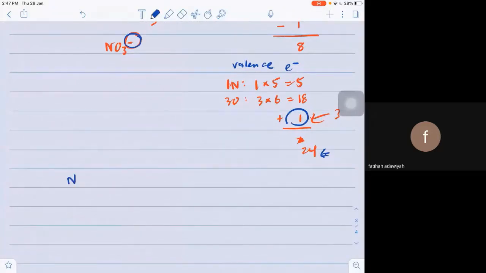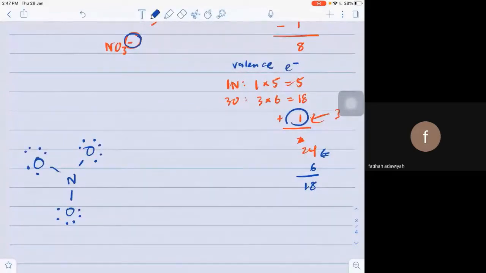Nitrogen will be central with 3 terminal oxygens. We have formed 3 bonds, so we have used 6 electrons in bonding. Minus 6, we have another 18 electrons left to be distributed on the 3 terminal oxygens so they all achieve octet.